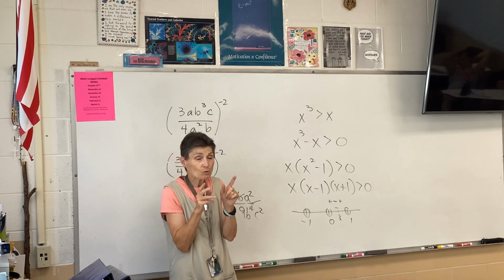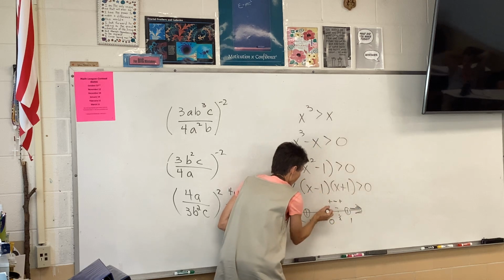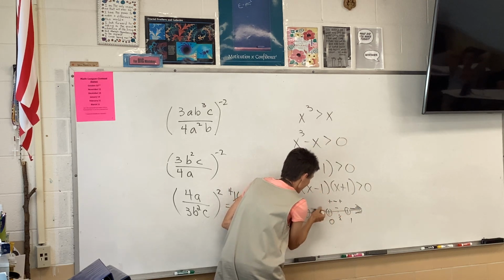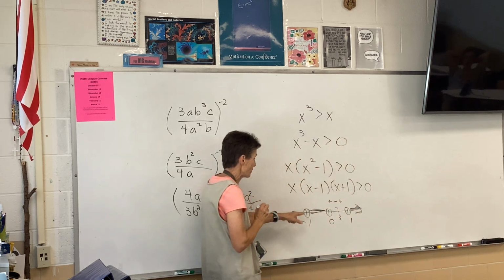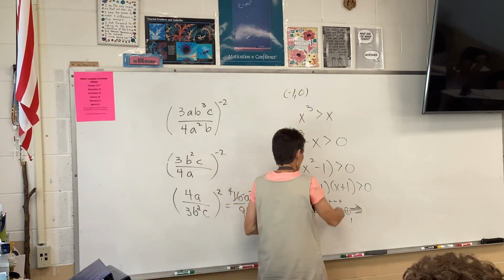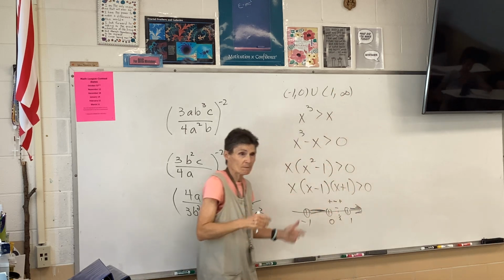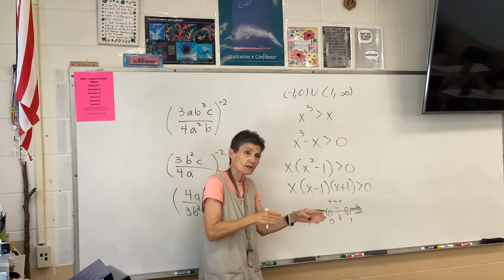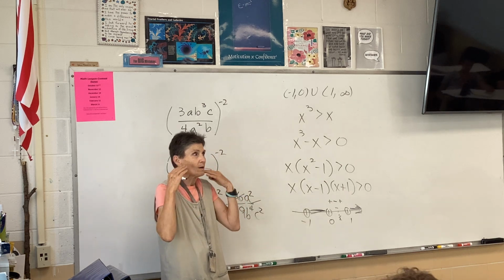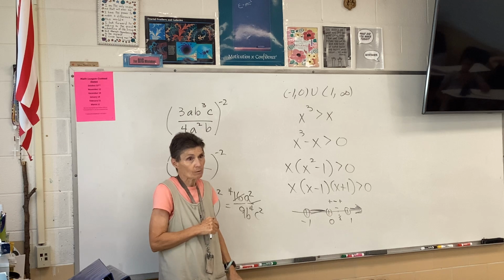Now, can you use a shortcut? Absolutely. I know the answer is going to be the interval from -1 to 0 and from 1 to infinity. I know that's going to be the answer because I understand the alternating thing, but where is the work that supports that? That's what you gotta show, okay?